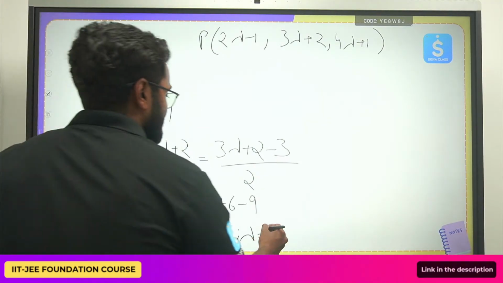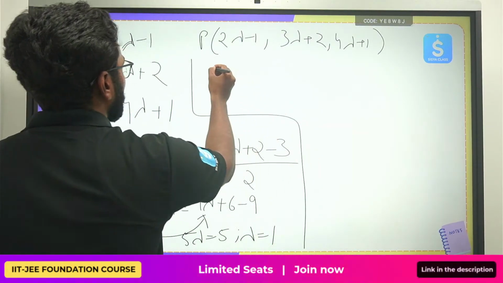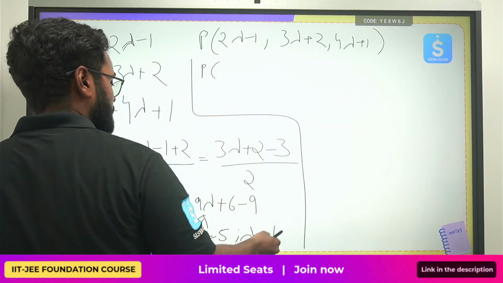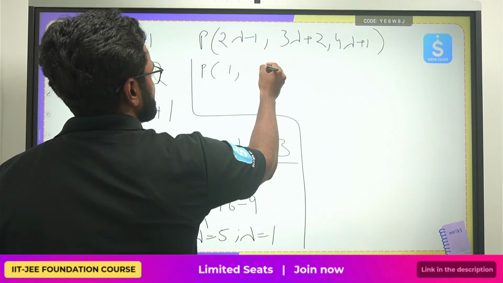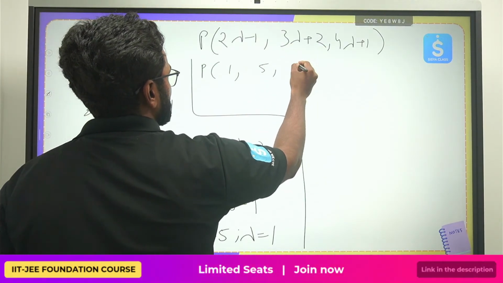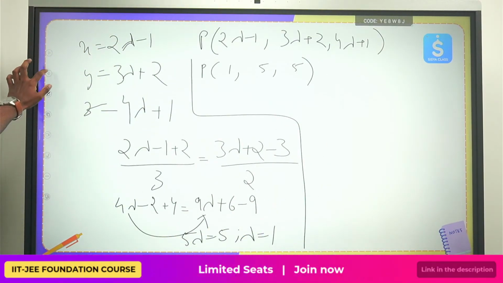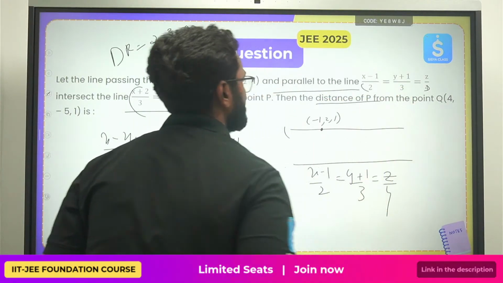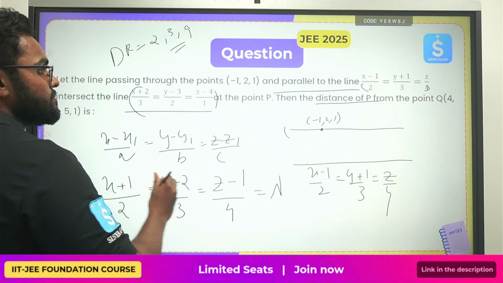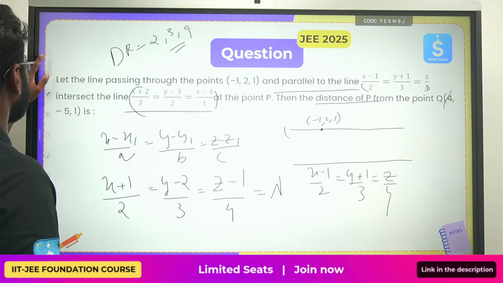Now put the sigma value in the point. P is (2 into 1 minus 1, 3 into 1 plus 2, 4 into 1 plus 1), which is (1, 5, 5). We got the point P (1, 5, 5). Then what did they ask you? They asked you to find the distance of P from the point Q, which is (4, -5, 1).